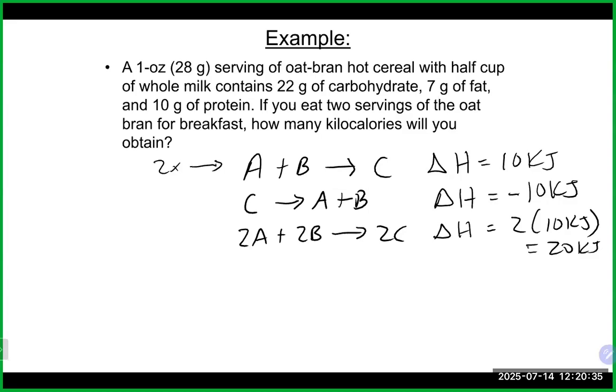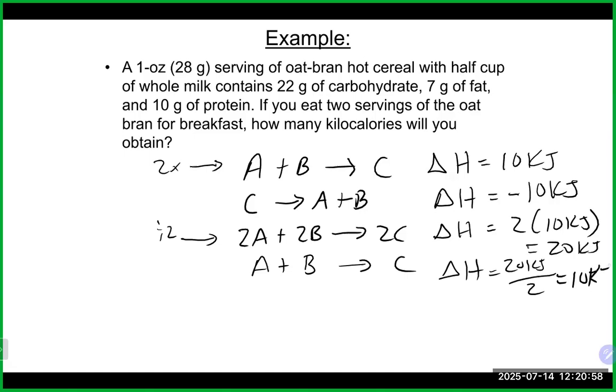And the last thing that we typically do here is if we needed to, for example, divide by a common number. So let's just say we wanted to divide this guy by 2. That will put us back to our original equation. And our delta H would then be 20 kilojoules divided by 2, or 10 kilojoules.